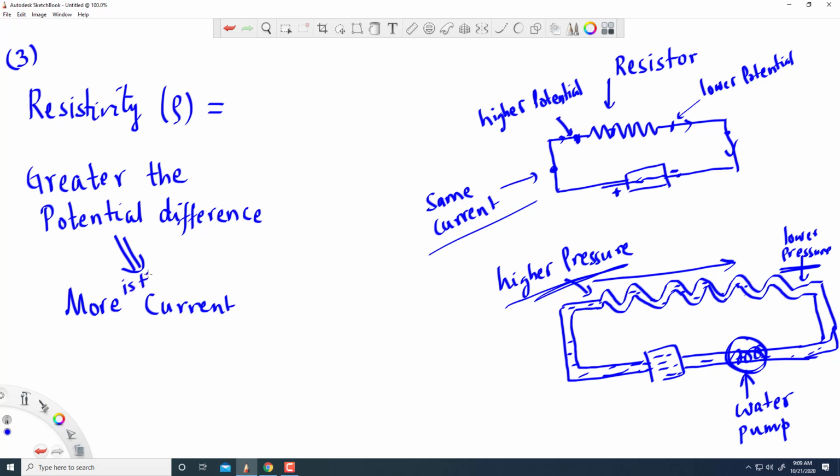The current flowing through this is directly proportional to the potential difference that you apply, and it's vice versa. More current means greater potential difference, and greater potential difference means more current. So they are related to each other.